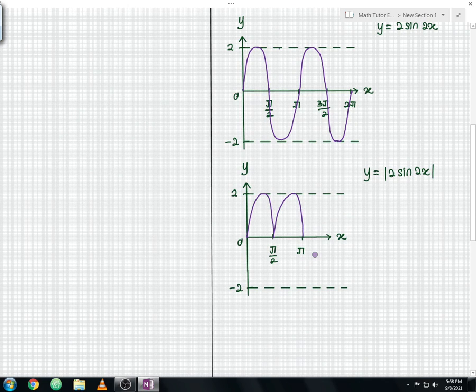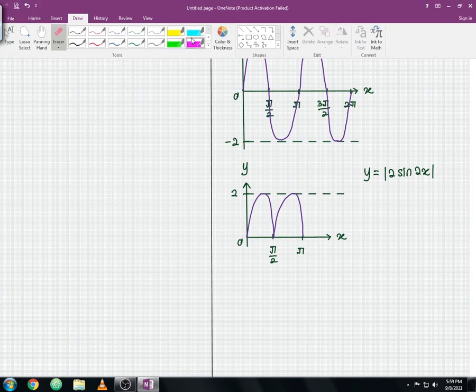So this is how your graph should look like. We can remove the negative region since we don't use it anymore. It's just nice. So from here, let us proceed to the next step.